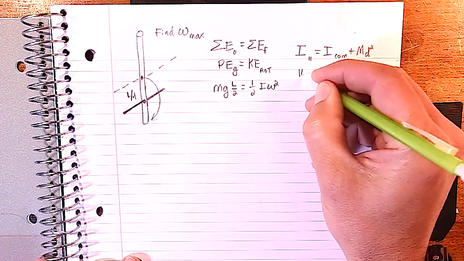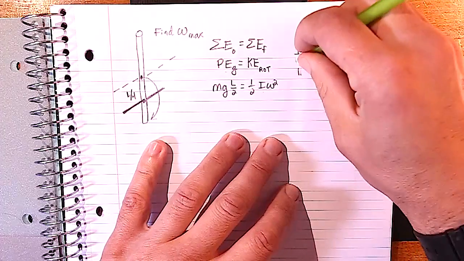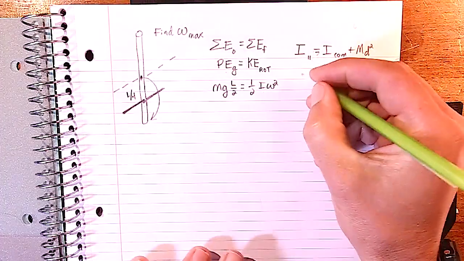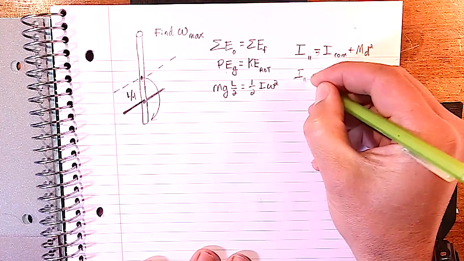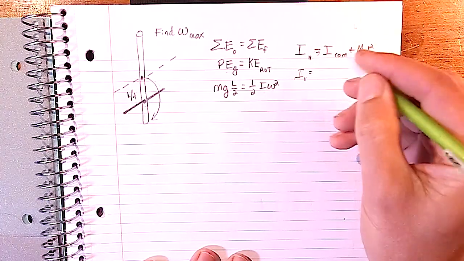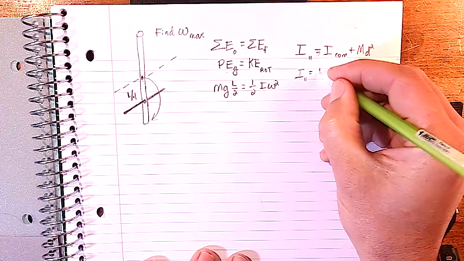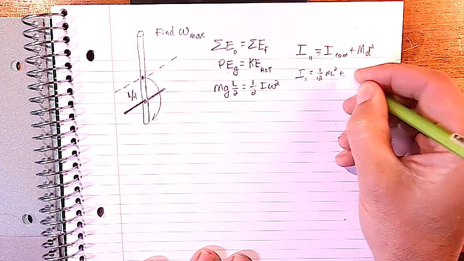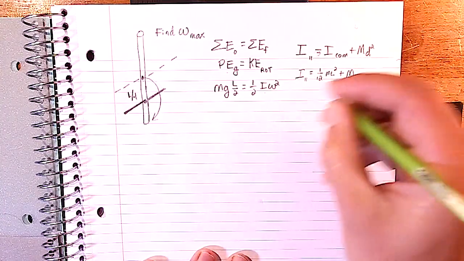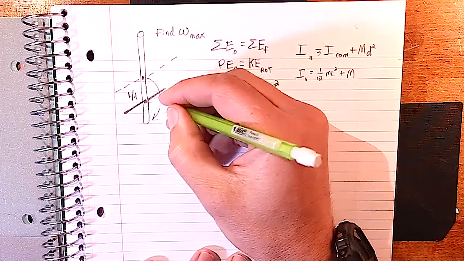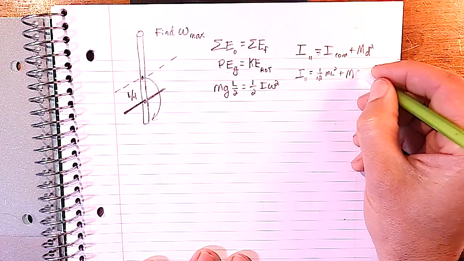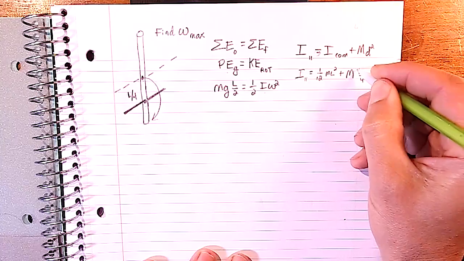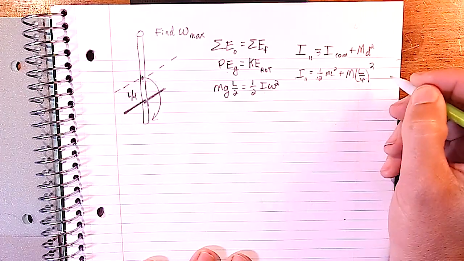So that's going to be I parallel is equal to the moment of inertia of a rod about its center of mass, 1/12 ml squared, plus md squared, and that d is going to be the distance between those parallel axes, which is going to be L over 4 squared.